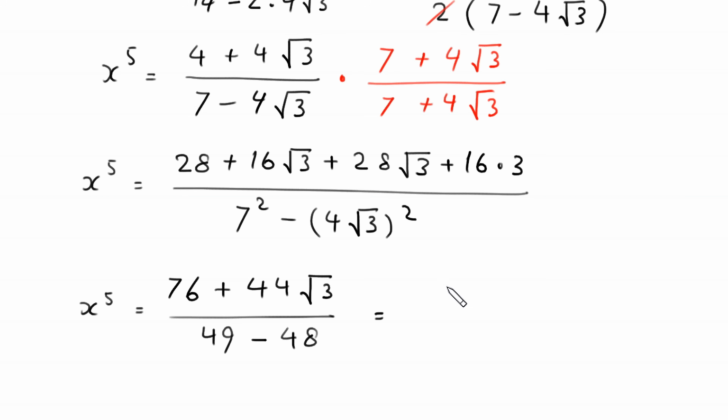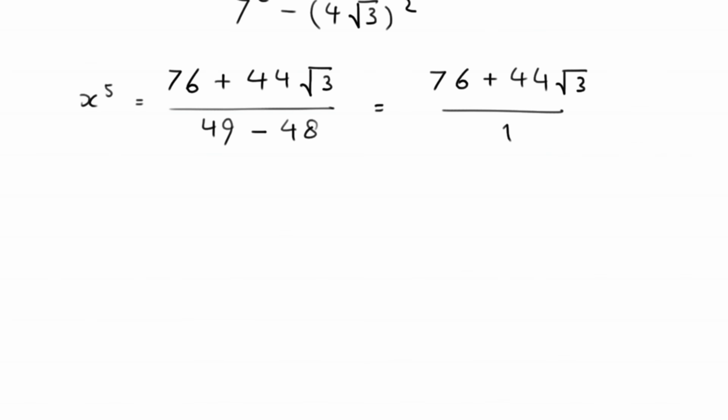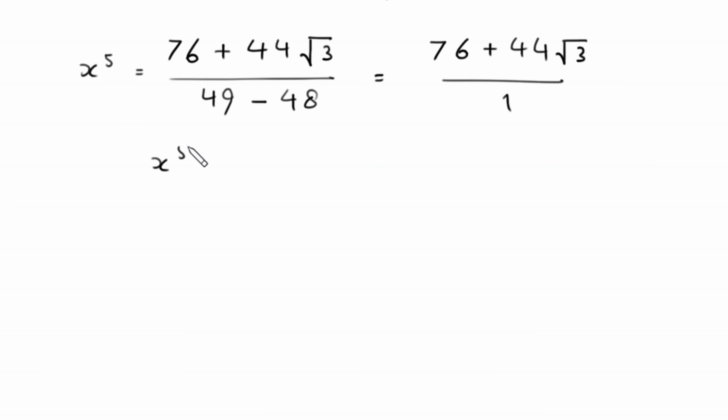This is equal to 76 plus 44 times root 3 divided by 1. So x to the power 5 will be equal to 76 plus 44 times root 3.